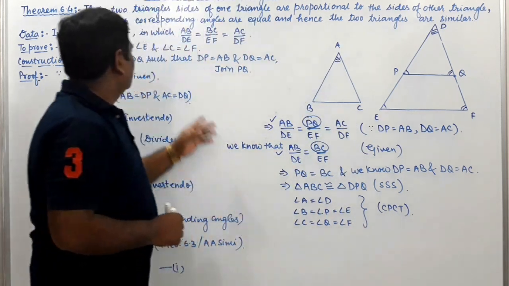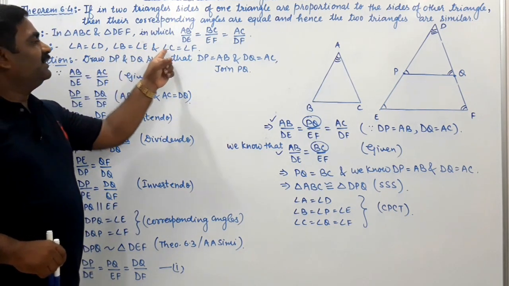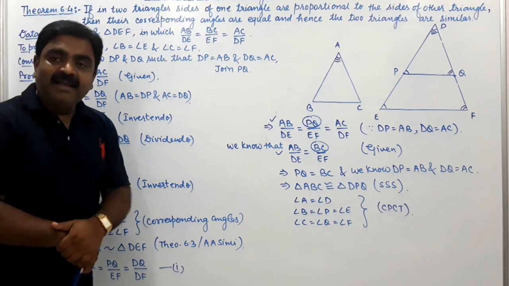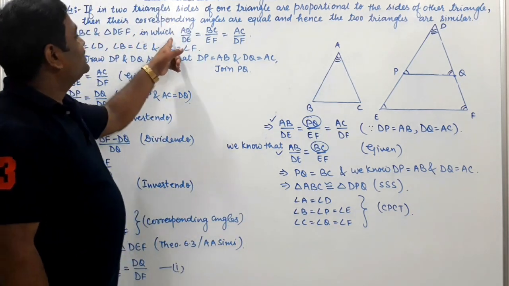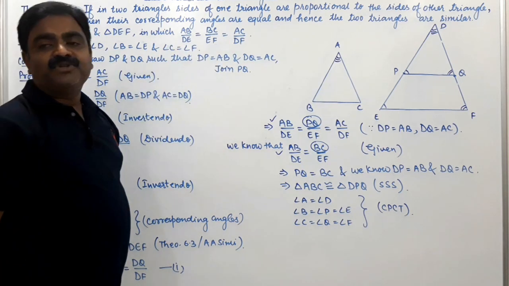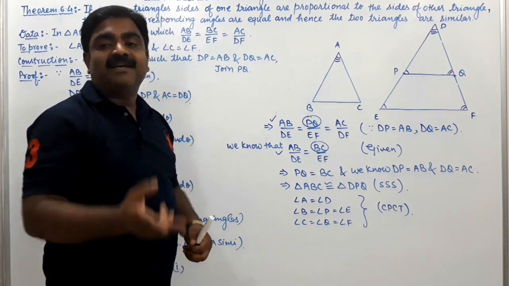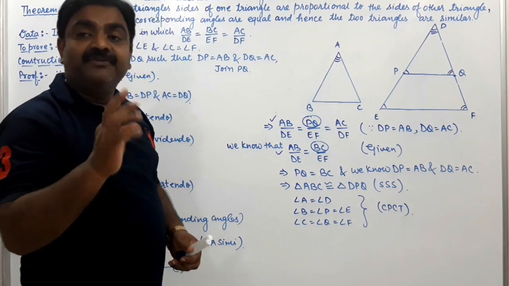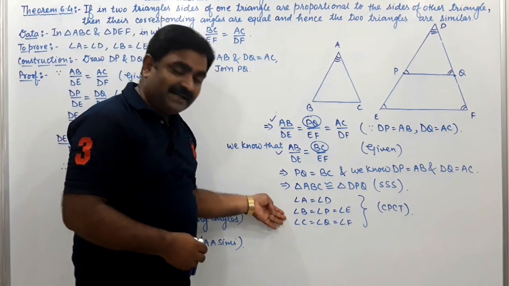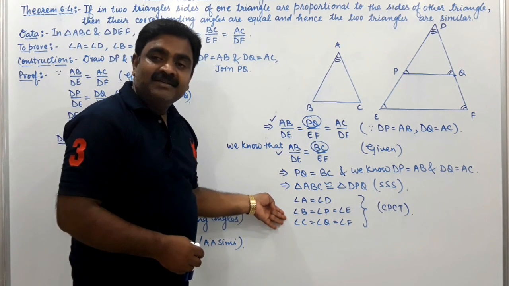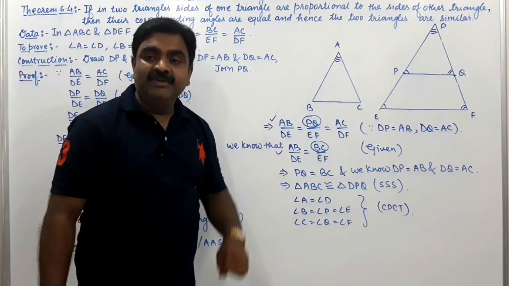Now you have this result: angle A equals angle D, angle B equals angle E, angle C equals angle F. Angles are equal and sides are in the same ratio, which is already given. For two triangles to be similar, these two conditions must be satisfied: corresponding angles equal and sides in the same ratio.